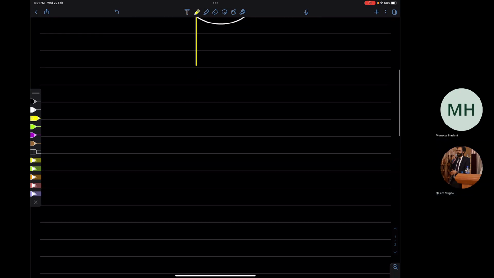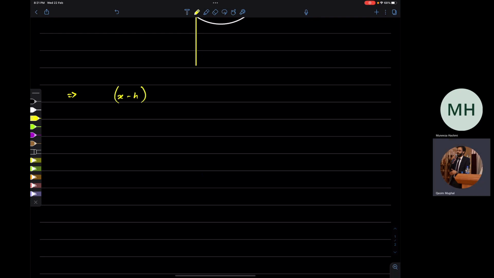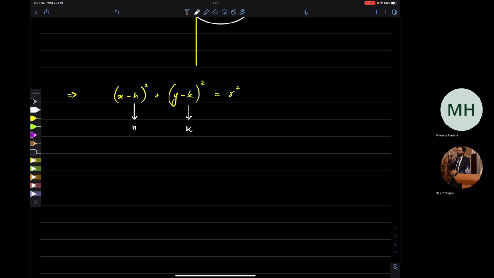So this is how the equation of a circle looks: (x minus h) whole squared plus (y minus k) whole squared equals r squared. If I have an equation of a circle written like this, then it means that this thing with the opposite sign becomes plus h, and this thing with the opposite sign becomes plus k.